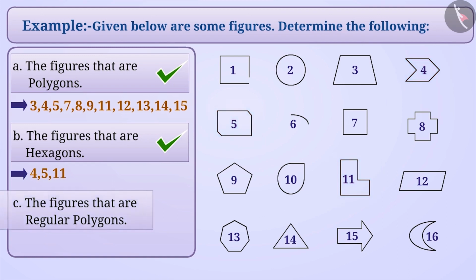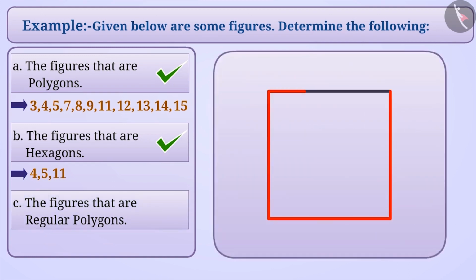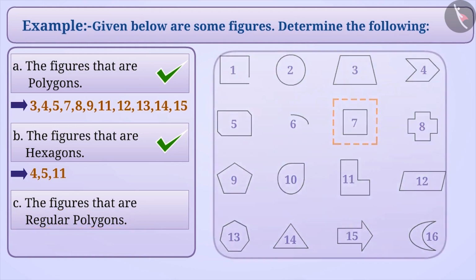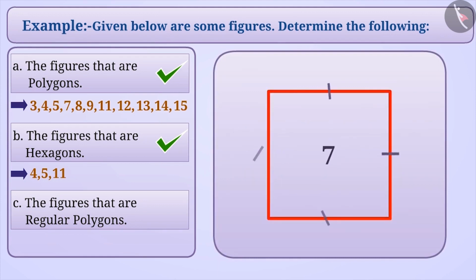Now let's determine those figures which are regular polygons. A polygon with all sides equal and all the angles equal is called a regular polygon. Here, if we look at figure 7, then it seems that all its sides are equal and all its angles are equal. So, it can be called a regular polygon.